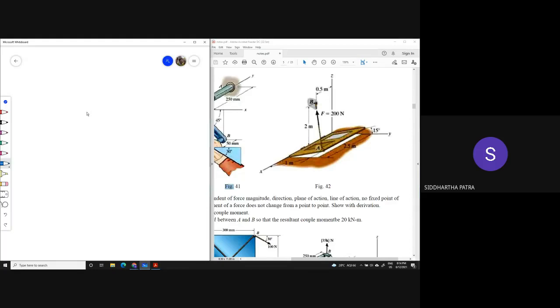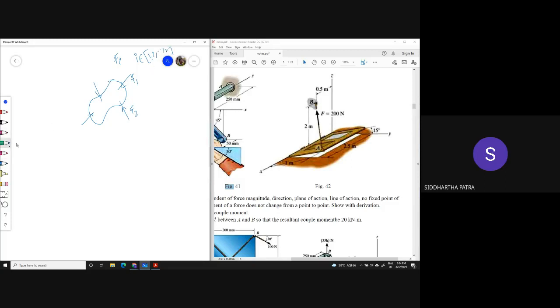Let's say an object is in 3D, it is free to move. And there are n forces, different forces, F1, F2, where i ranges from 1 to n.